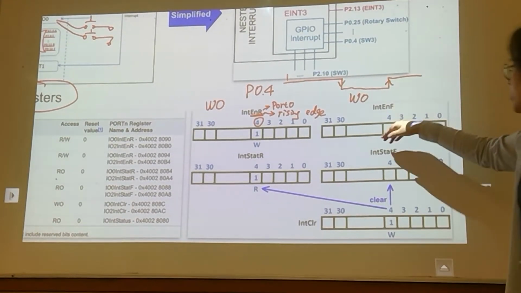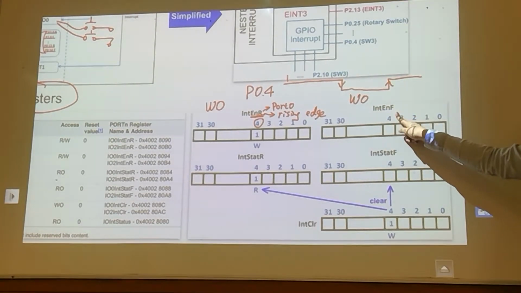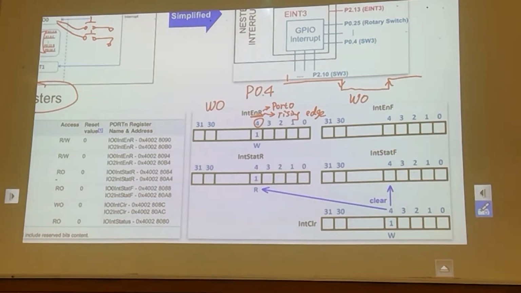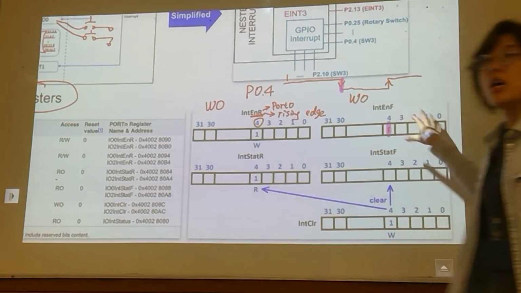If you want to use the falling edge, you should use this register, ENF, falling edge. If you write 1 here, then basically you are using the falling edge. So this is the usage of these two registers.